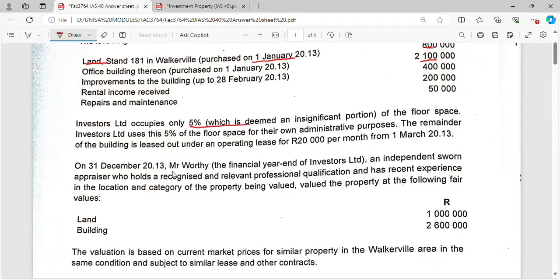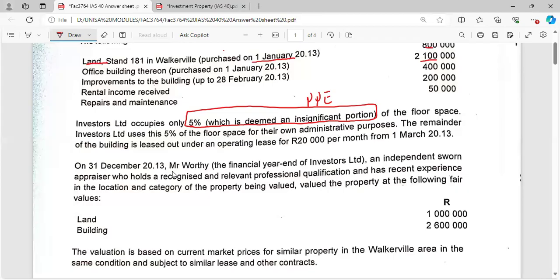Here, if they occupy a significant portion, it means you are going to share between investment property and PPE. That is, if the company occupies a significant portion, then you are going to share between investment property and property, plant and equipment.